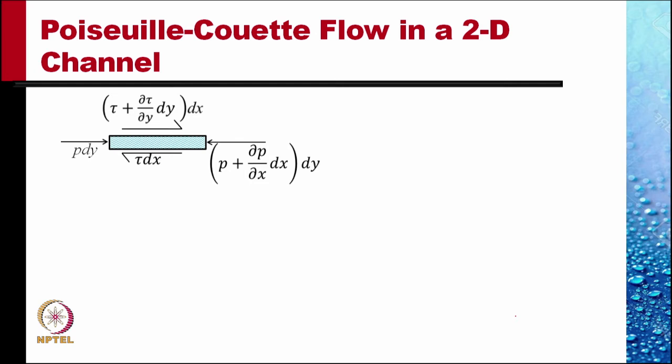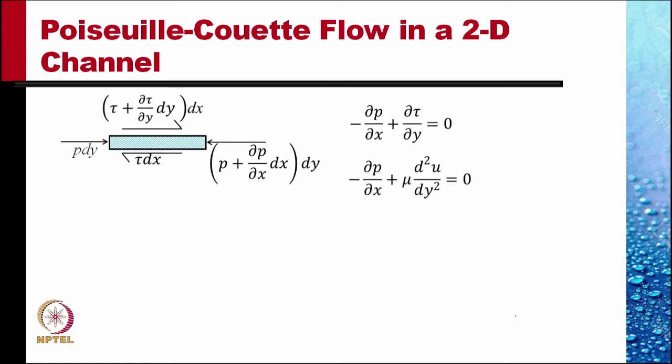These are all the external forces applied on this. And so the force balance gives you minus del p by del x plus del tau by del y is equal to 0. Since there is no acceleration, all the forces must sum out to 0.